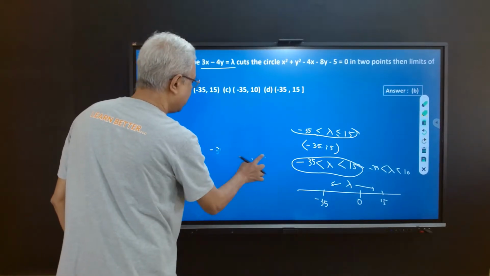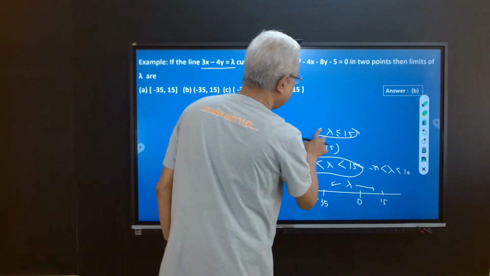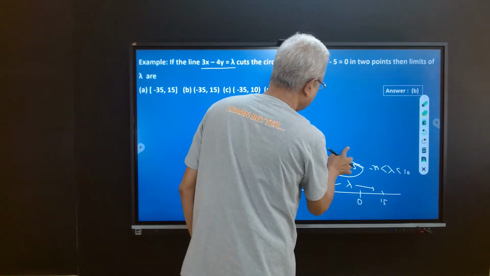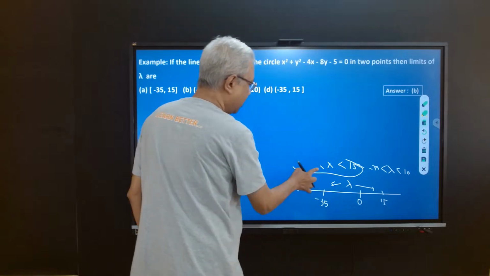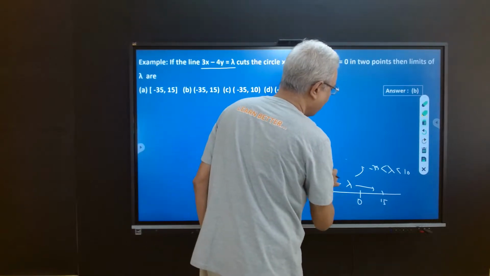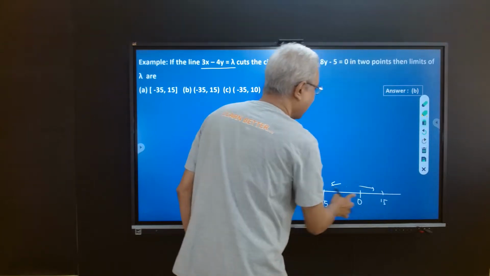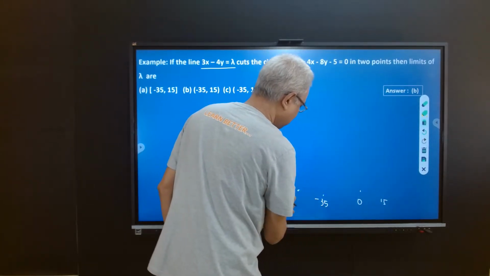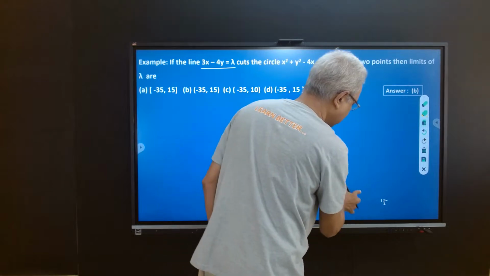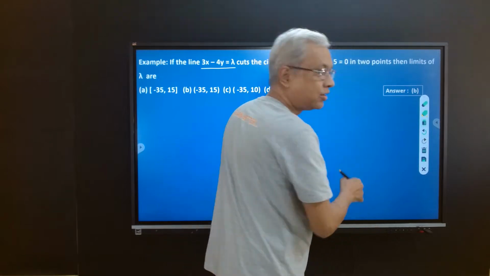So there is the equation of a circle, and there is the equation of a straight line. Now just imagine what geometrical relationship a straight line and a circle have. You have a circle and you have a straight line.